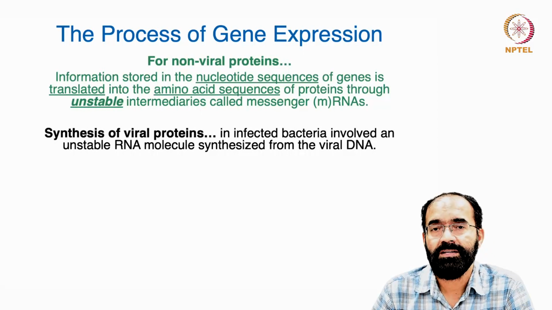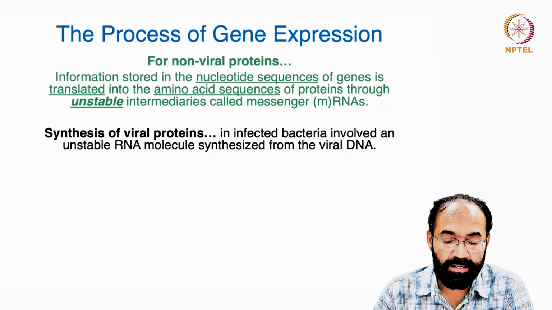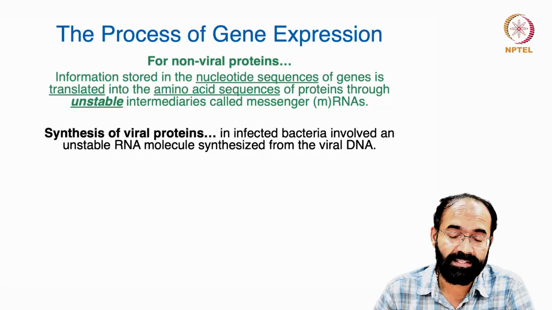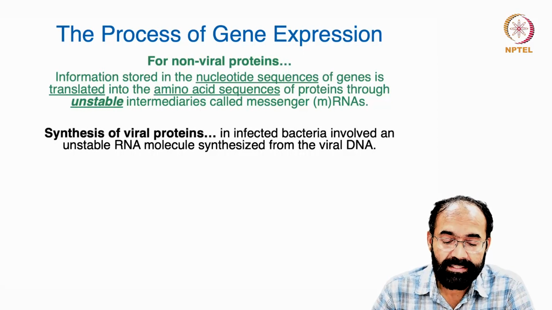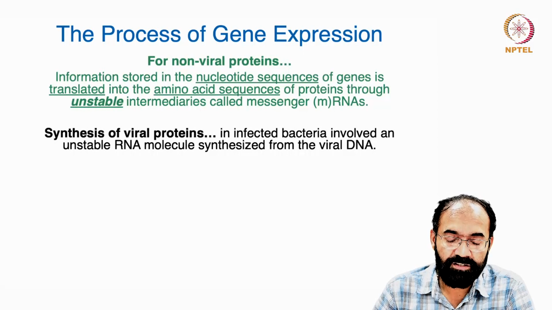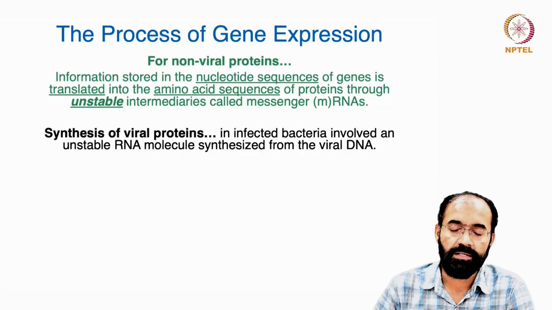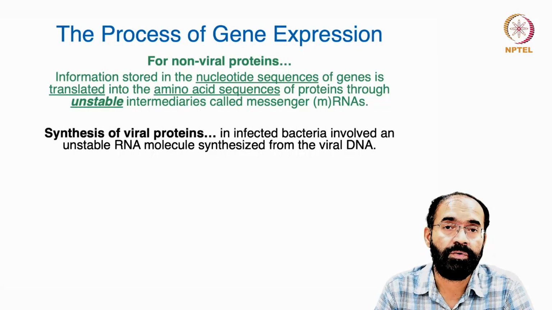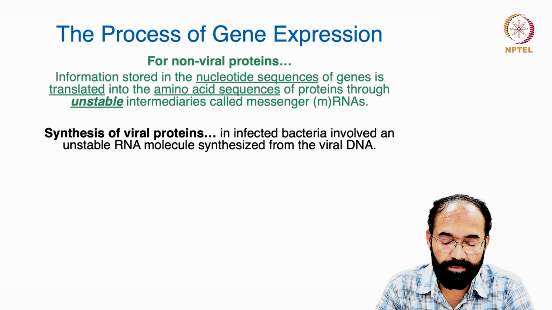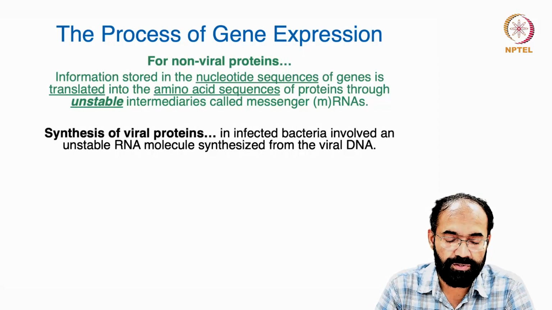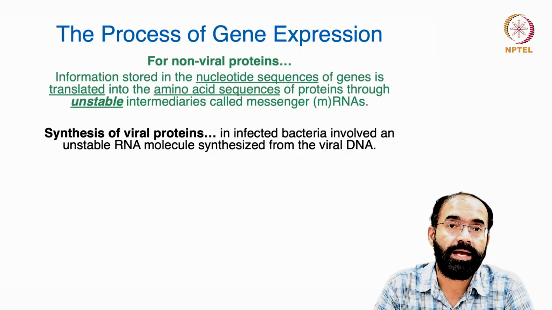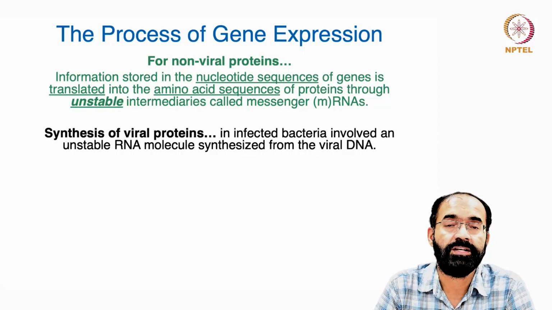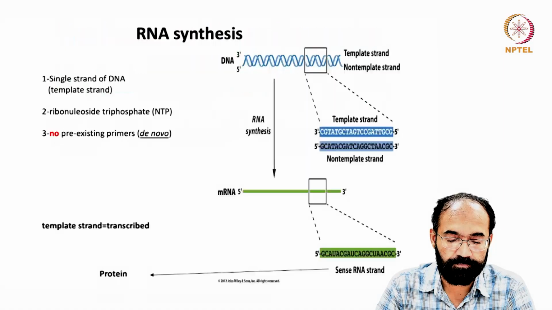Lambda phage is one of the well classified, well studied examples of virus infecting bacteria. And when a bacteria gets infected with a virus, an unstable RNA molecule is synthesized from the DNA, and this allows the propagation of the bacteriophage in the host. Same way, a eukaryotic cell infected by a virus also undergoes the influence of the virus.